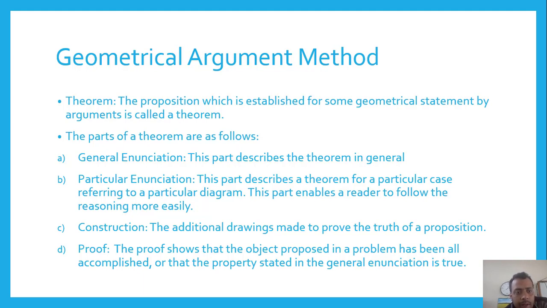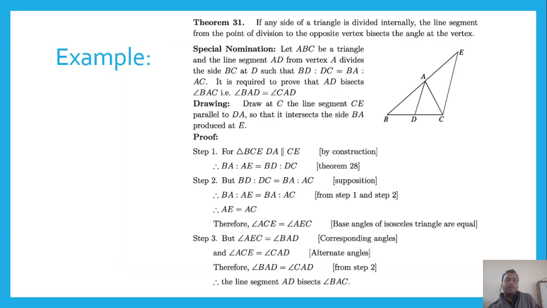So, I think we can see an example to find out these parts. So you can see this example. In this example, here is the general enunciation written as the theorem, and then you can see a line named special enunciation. In this special enunciation, the phrase is similar to particular enunciation. Special enunciation and particular enunciation are all the same.